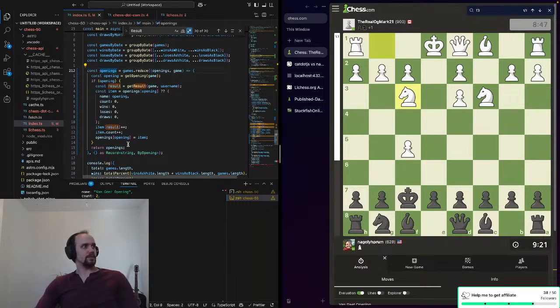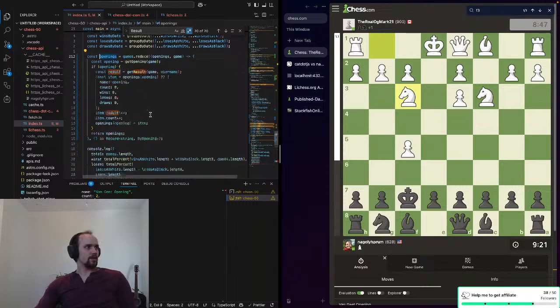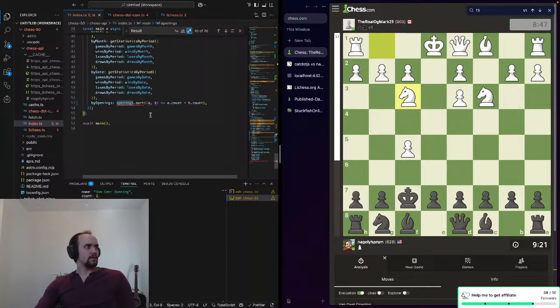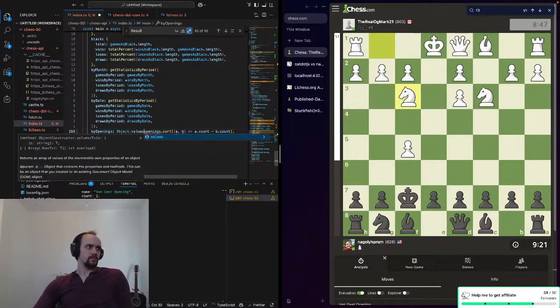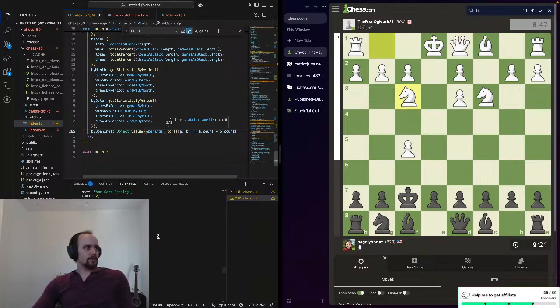Why would it possibly be undefined? Oh, it's a record still. Get the values. Okay, so Zuckertort opening is one that I play a lot, apparently.